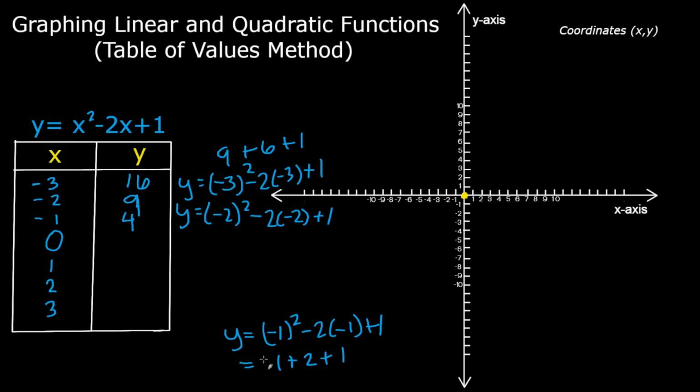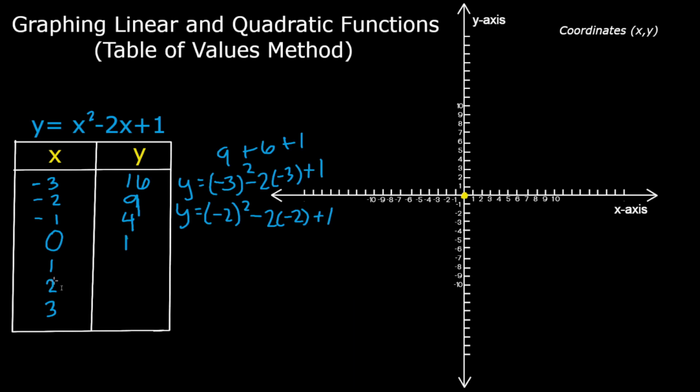Okay? Now, dito naman, x is equal to 0 naman. So, y equals 0 squared minus 2 times 0 plus 1. So, since ito magiging 0 na lang, y is equal to 1. So, 1 yung lalagay natin dito.